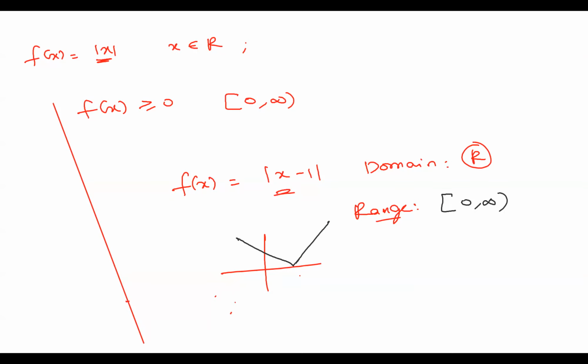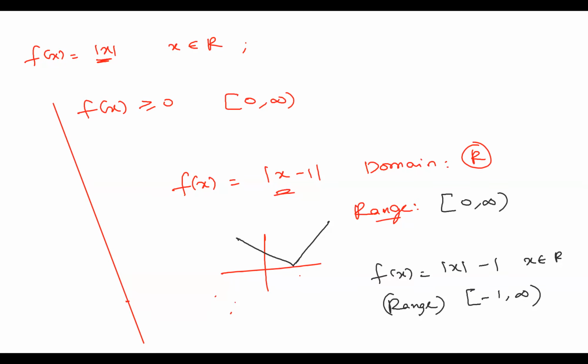Is this clear? Now the same question, f of x is equal to mod x minus 1. So mod of x minus 1 is different from mod x minus 1. Domain is real numbers; the domain doesn't change. The range will be from -1 to infinity. How did I say -1 to infinity directly?